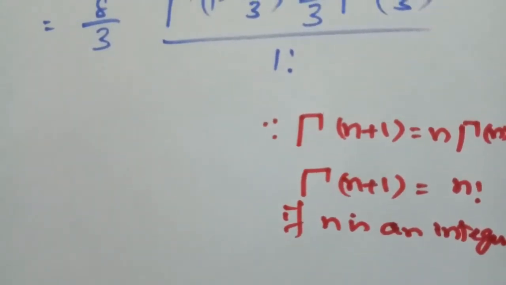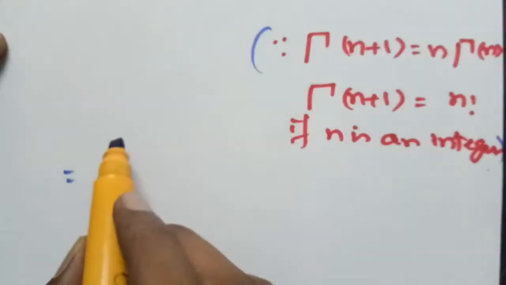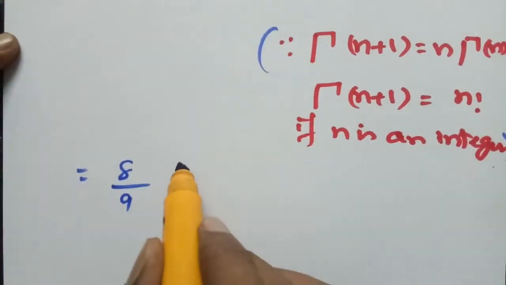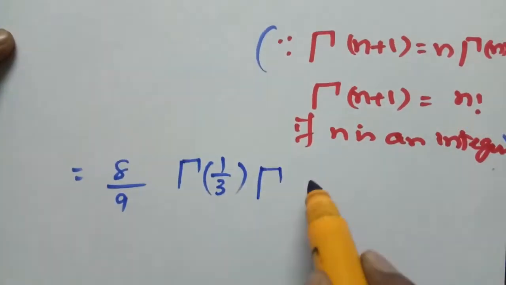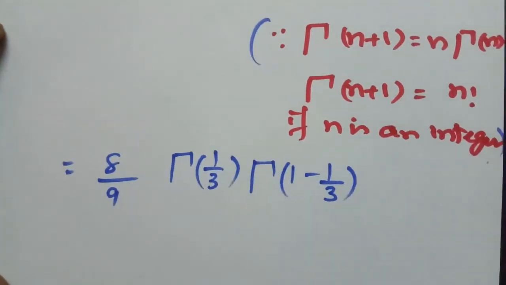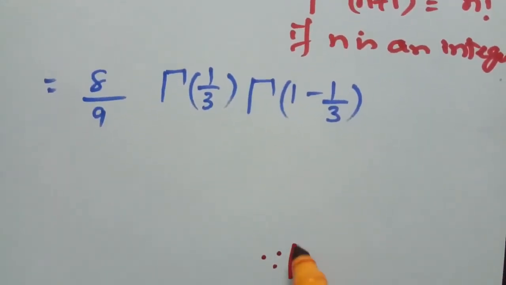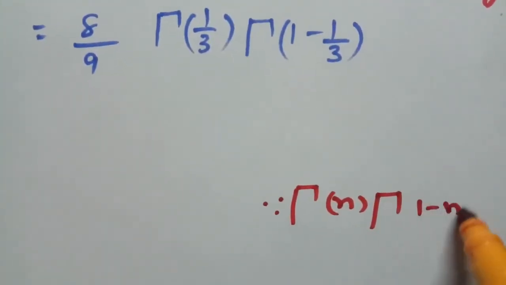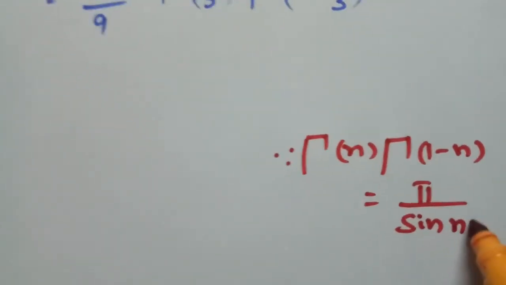So therefore, this is equal to 8 by 3 into 1 by 3, that is 8 by 9, gamma 1 by 3 into gamma of 1 minus 1 by 3. Now we know the formula we proved later, gamma n into gamma 1 minus n is equal to pi by sin n pi.